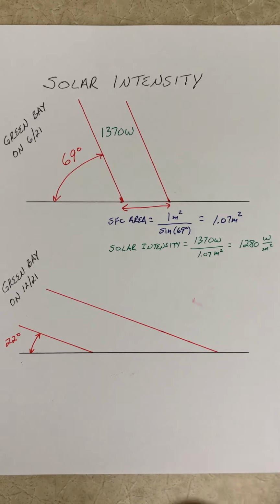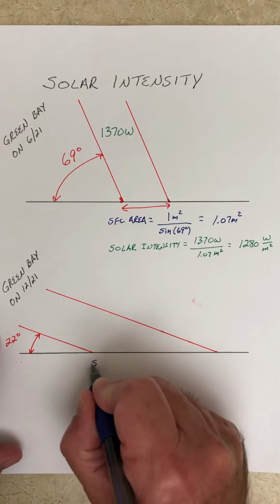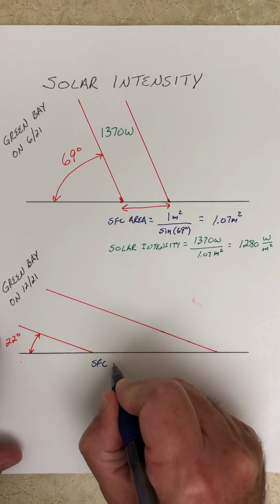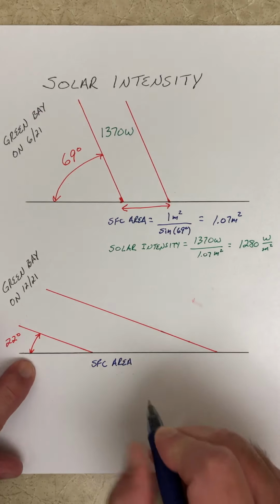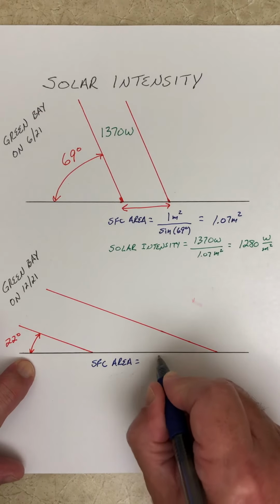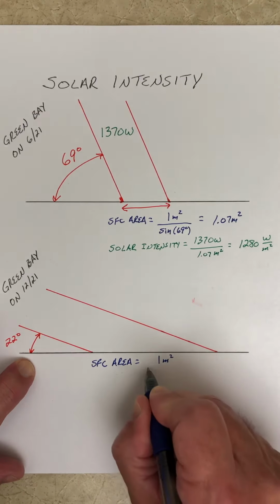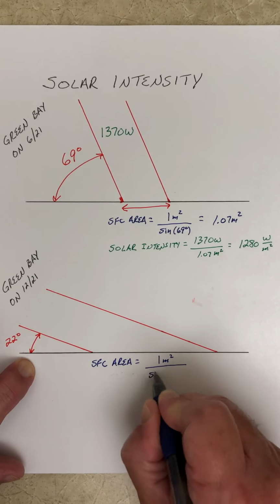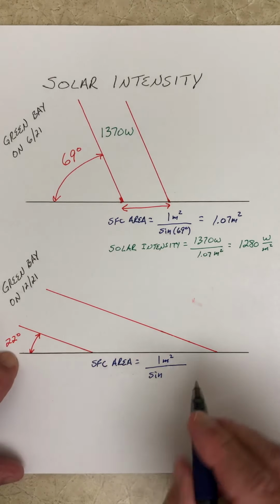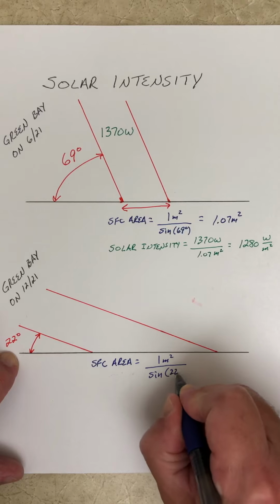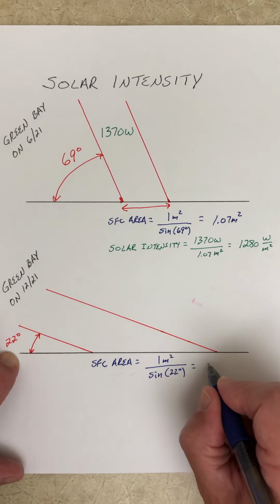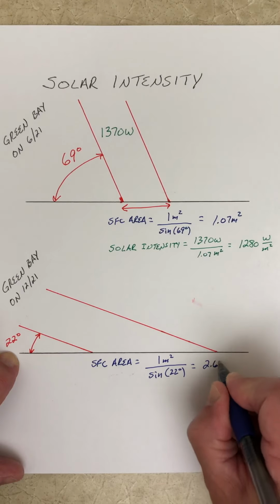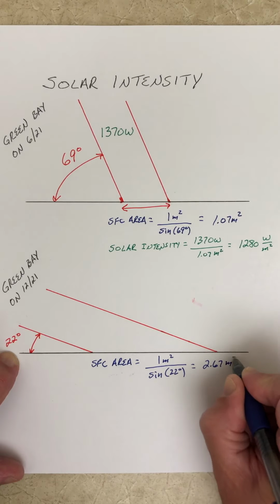If we take a look at the surface area being covered by that sun ray striking Green Bay on December 21st, again, it's 1 square meter divided by the sine of 22 degrees, the sun angle. That surface area comes out to 2.67 square meters.